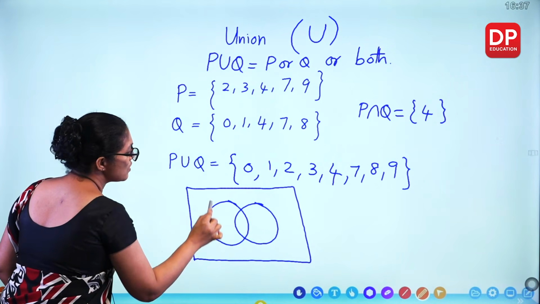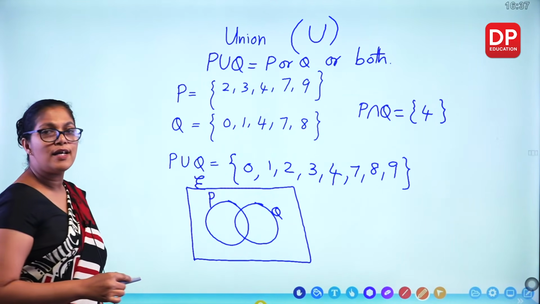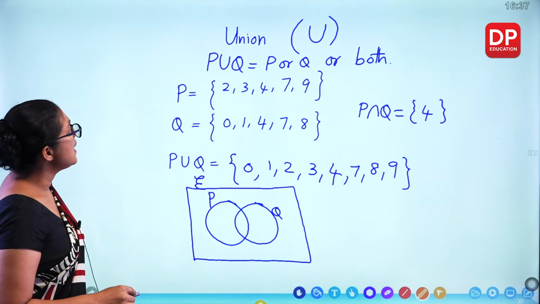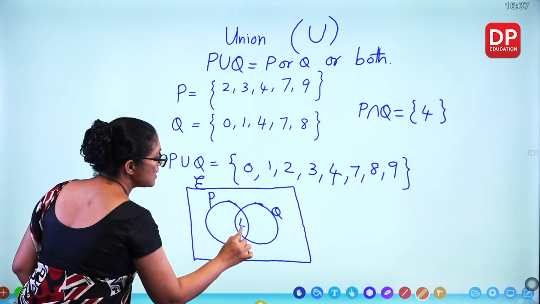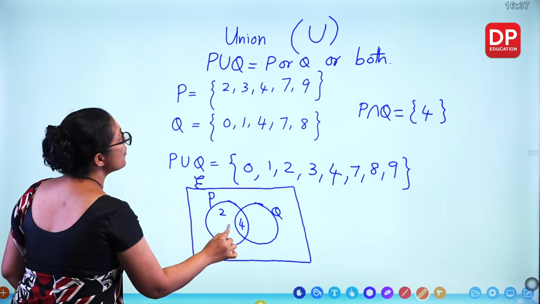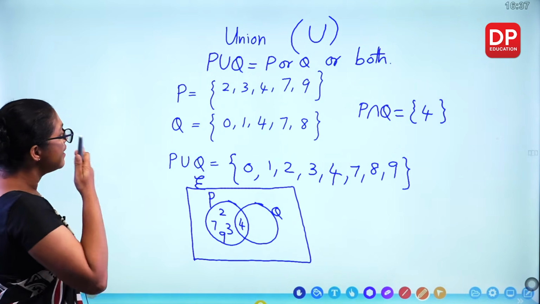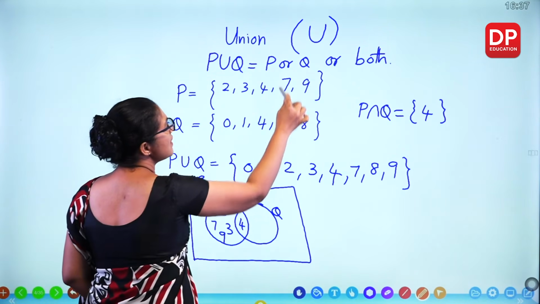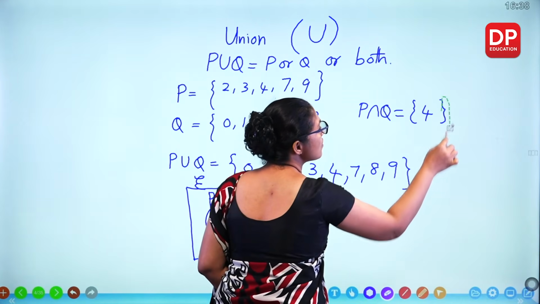You can draw two circles, label them P and Q, and epsilon is the universal set. P is 2, 3, 4, 7, 9, but 4 is common, so you can put it inside. Then 2, 3, 7, 9 here, and also here 7 is common. You can write 7 also there.